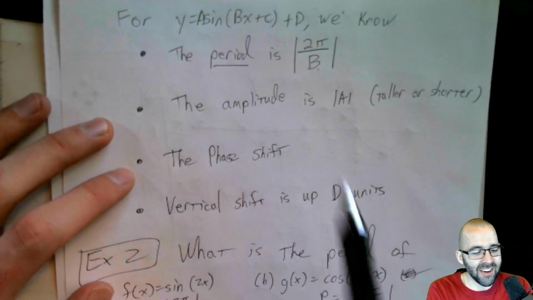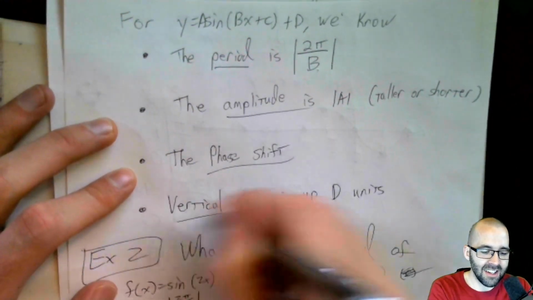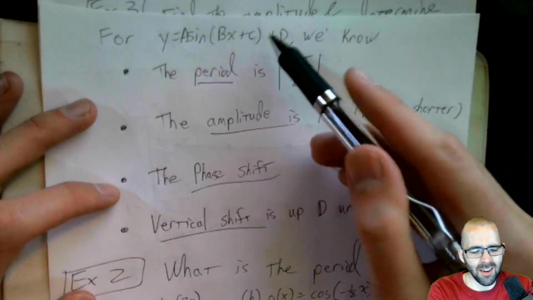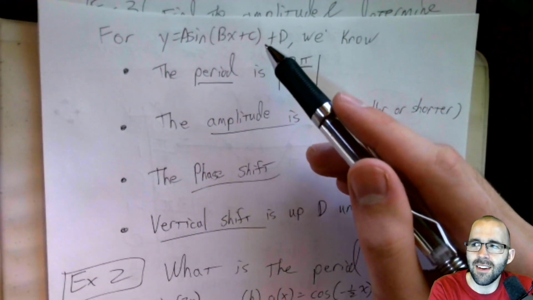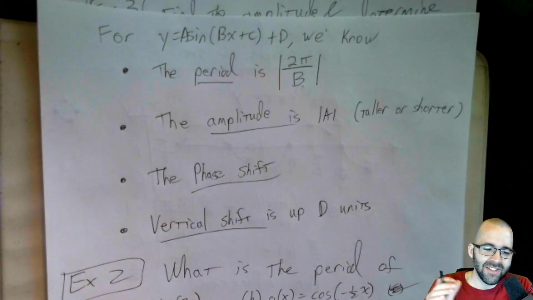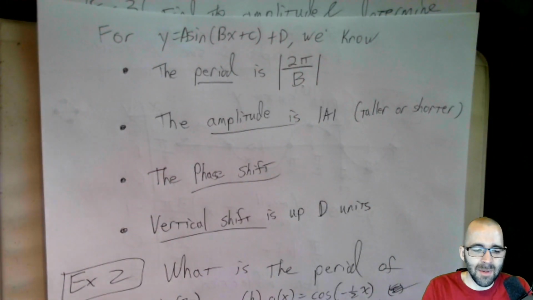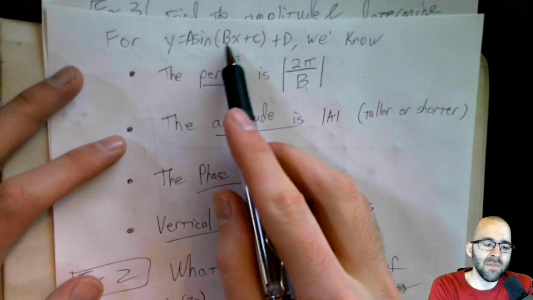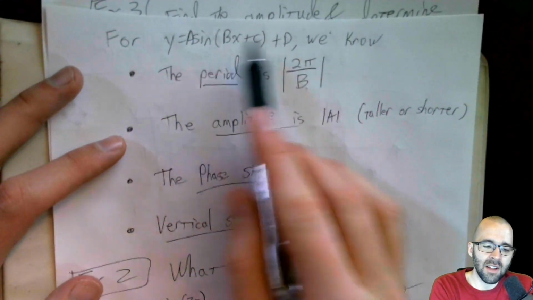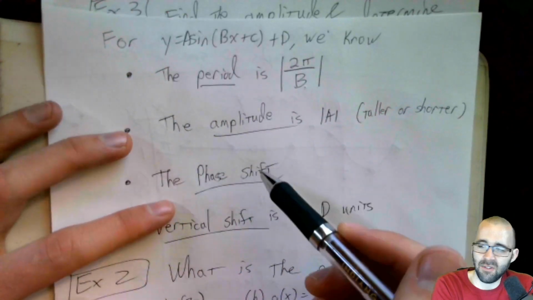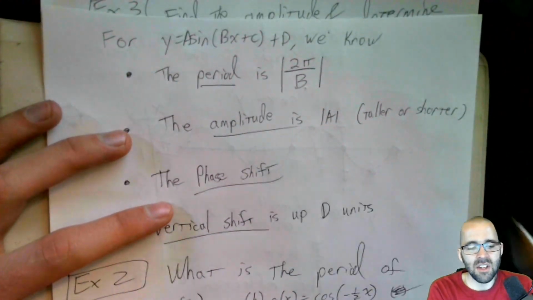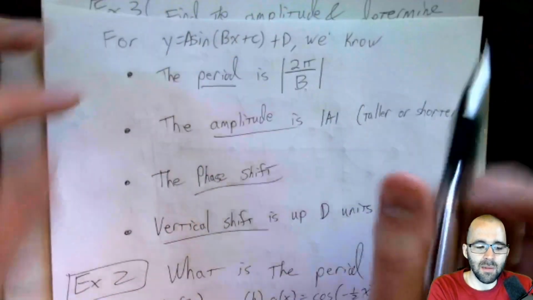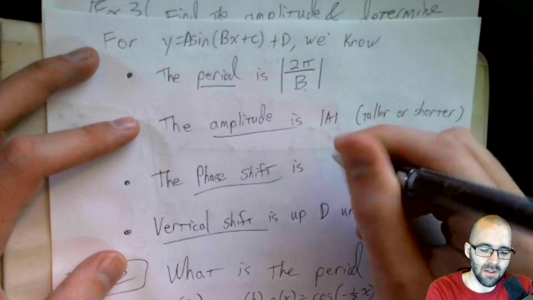Because the phase shift is the one that usually trips people up. You might think, oh, it's just going to be C. Well, it depends on C and B because of the way that this formula is. There is another form to this that looks a little bit more complicated, but it makes the phase shift a little easier. Phase shift is what moves it left and right, and it's going to be C divided by B.